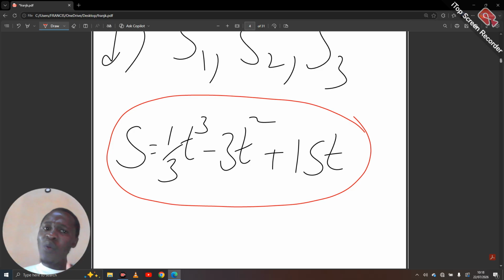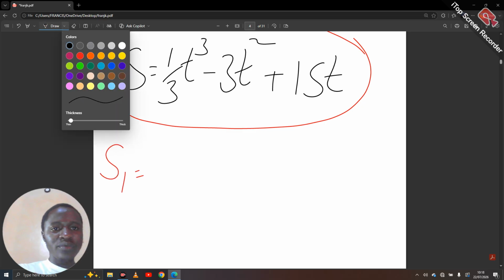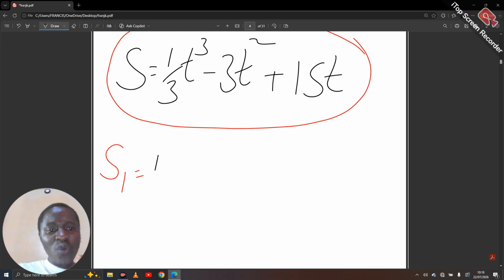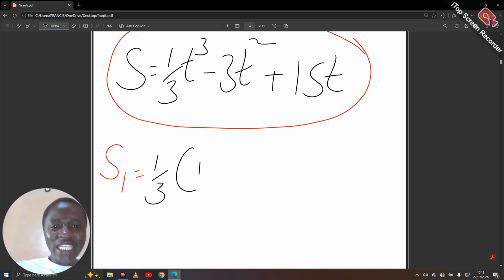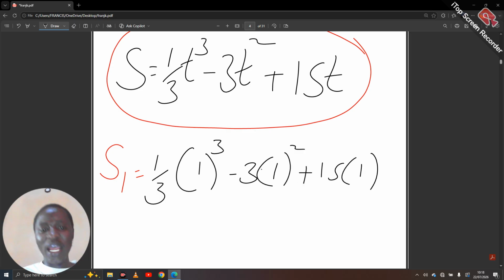So remember we have S1, that is the first second. Let's start with S1. Now we are substituting into the first time, the first second, that is a third into 1 cubed minus 3 into 1 squared plus 15 into 1.